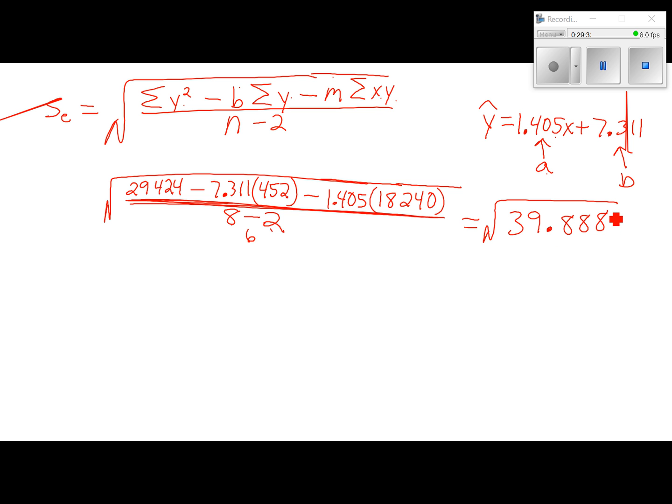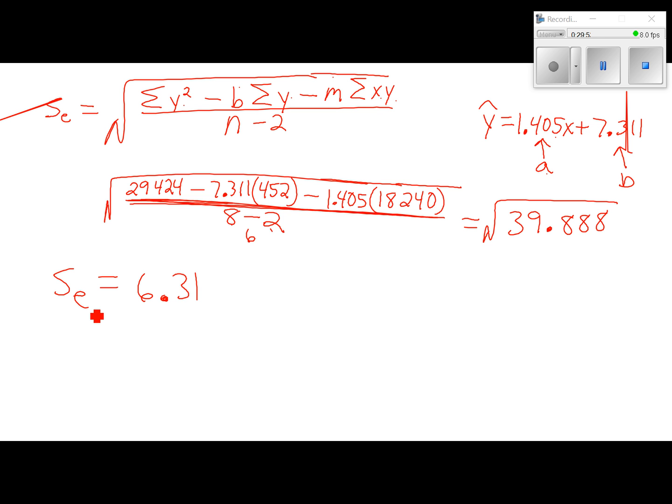And I came up with 39.888, something like that. Then you take the square root of that number, and it's going to equal about 6.31. So that's our standard error of the estimate.